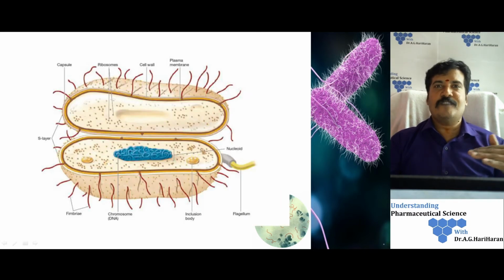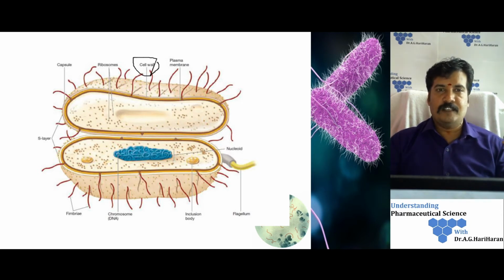First we will see a brief structure of the bacteria. The bacteria will have a cell wall, right? Some structures will be present outside the cell wall, especially the flagella, right? Then a short hair like structure called fimbriae, apart from the outer covering called the capsule, and the S layer will be present. Some structures are internal to the cell wall.